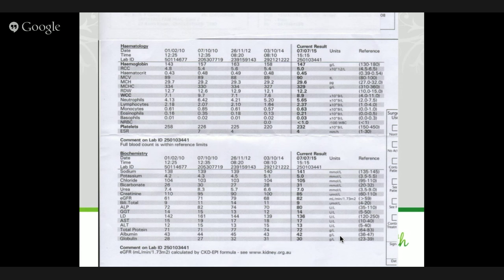So red cells are a lot like cars, and those cars are created in your bone marrow, so your bone marrow has to be working properly. And those red cells come out and they go and pick up oxygen from your lungs. So they have to be the right size car to pick up oxygen from your lungs. If they're a little smart car, they can't pick up very much oxygen.